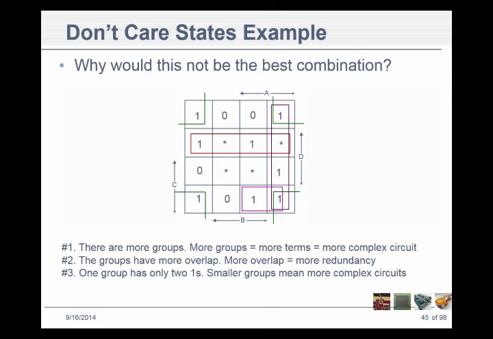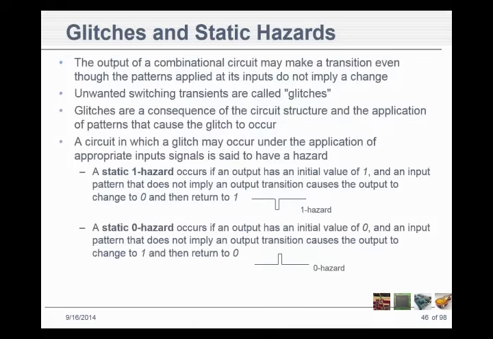So in doing this, there are more groups, more terms, more complex. They have more overlap, so there is more redundancy. In this case, I'm looking at that as a possible negative. And then the one group I pointed out has only 2 ones where it could have been in a group of 4.